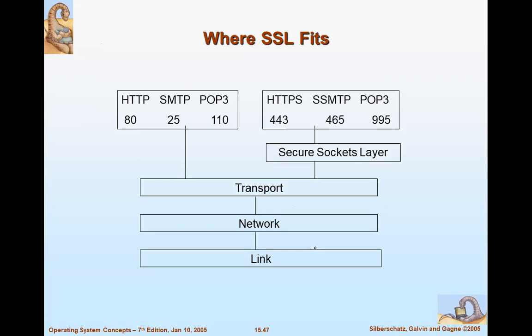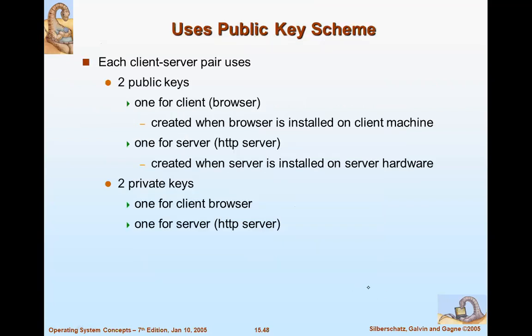The port number of that protocol is also given here, which is 465. Whereas POP3, that is Post Office Protocol version 3, which is used for mail delivery, remains the same.